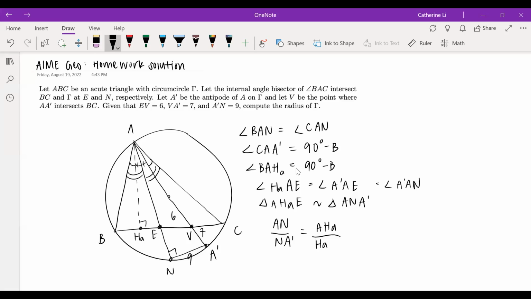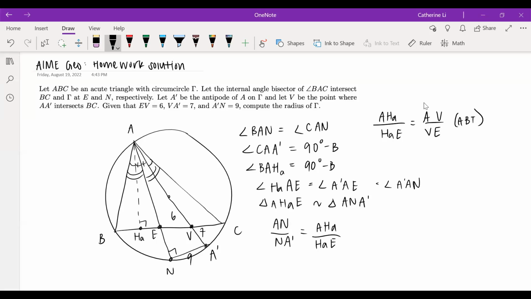Okay, so taking a step back, from the angle bisector that AE is for angle HAA prime, we also have that AHA over HAE is equal to AV over VE by the angle bisector theorem, where we're looking at the triangle AHAV. So we now have two sets of ratios about the sides of the triangles.